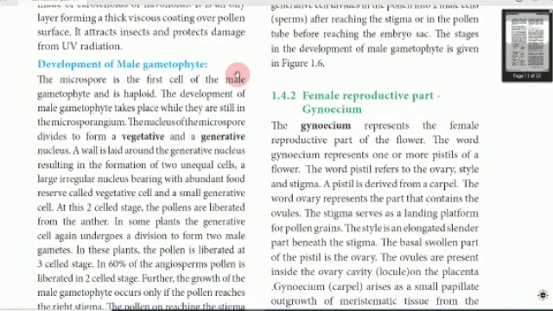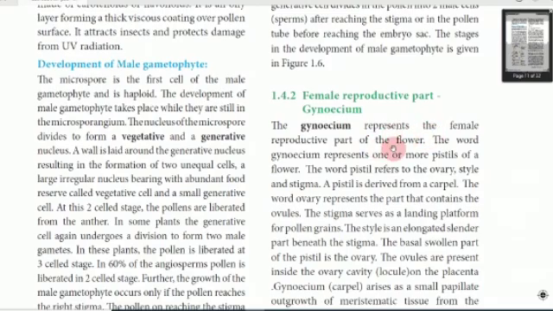Female reproductive part, the gynoecium. The gynoecium represents the female reproductive part of the flower. It is the innermost whorl, the last layer of the flower, and the gynoecium consists of three main parts: the broader ovary, the narrow style, and the platform-like stigma. The stigma plays a very good role in lodging and collecting pollen grains.